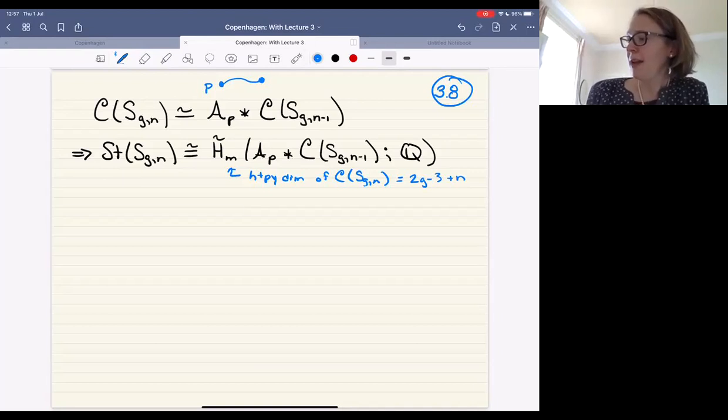So, okay. Now I'm just going to try to compute this and see how far I get.